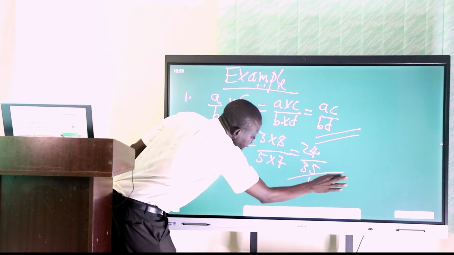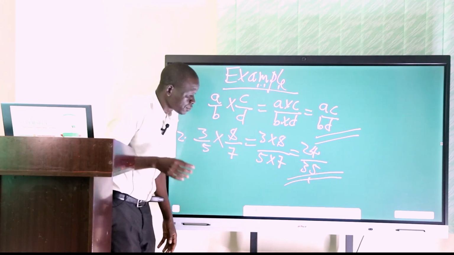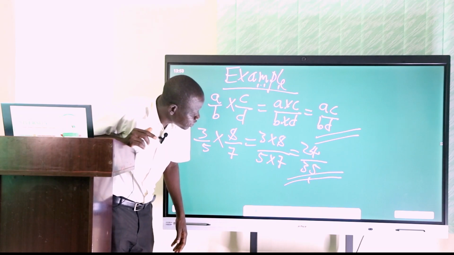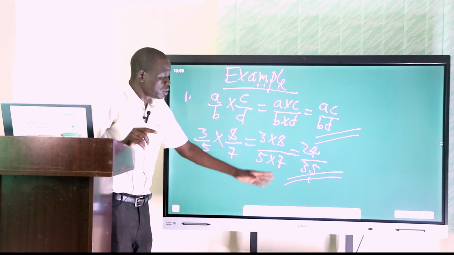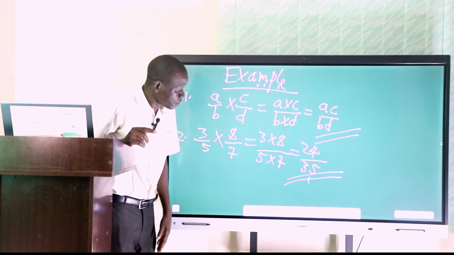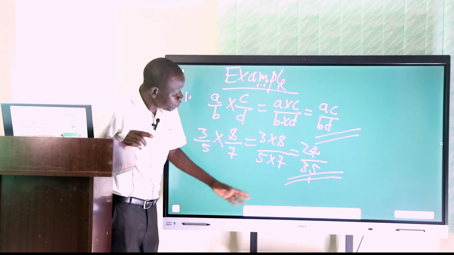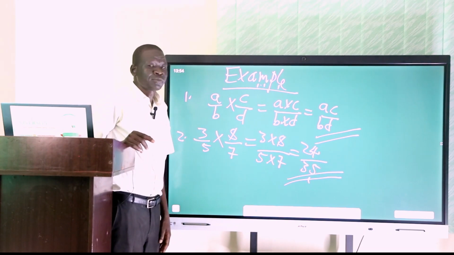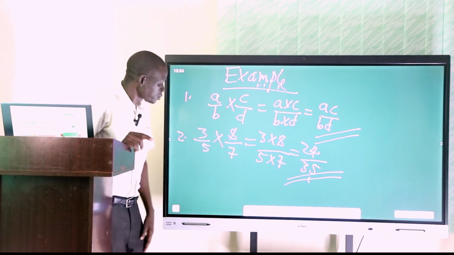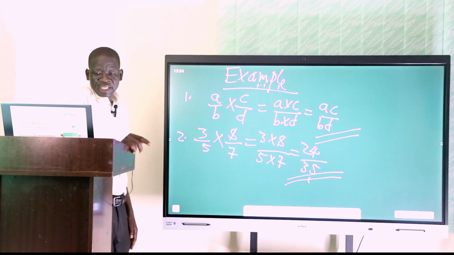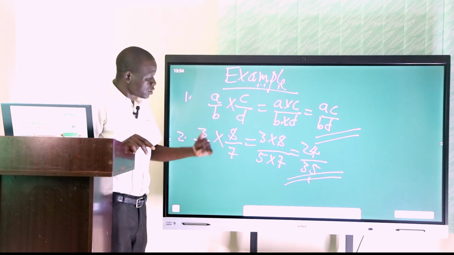When you look at 24 and 35, you can see that there is nothing in common. We don't have any common factor there. So since there is no common factor, it is a simplified fraction. Basically, that is how we can multiply that.